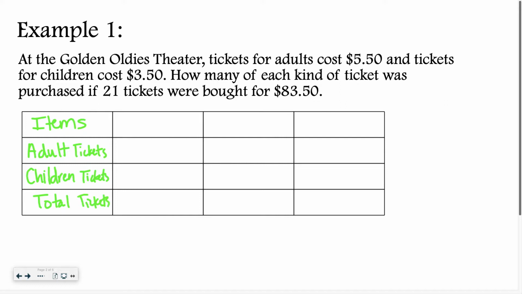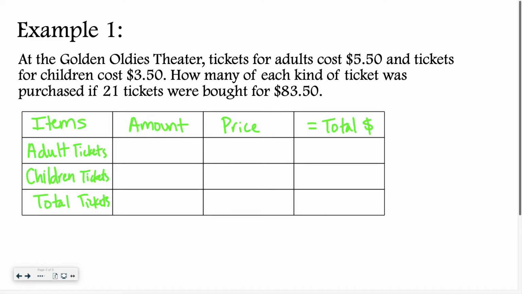Okay, so you start with your items. Then let's talk about the amount of tickets, because we want to know how many of each were purchased, right? And the cost, right? The price. And then the last column would be our total cost.